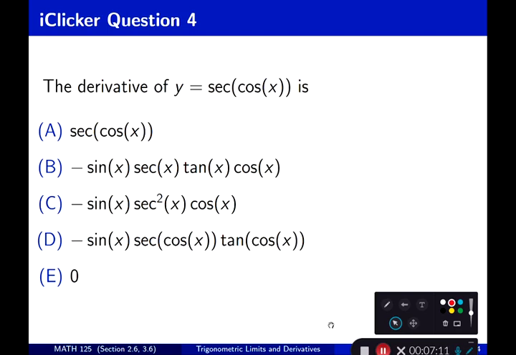Click here, question 4. The derivative of y is equal to secant of cosine of x. Is A, secant of cosine of x, B, negative sine of x, secant of x, tangent of x, cosine of x, C, negative sine of x, secant squared x, cosine of x, D, negative sine of x, secant of cosine of x, and tangent of cosine of x, E, 0.